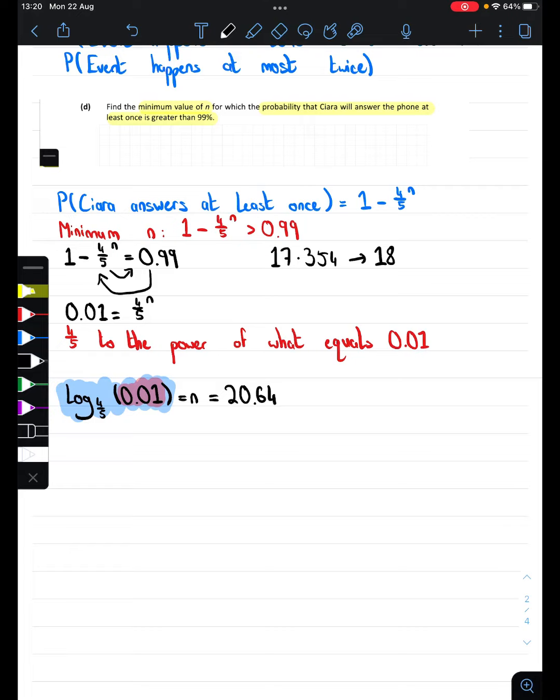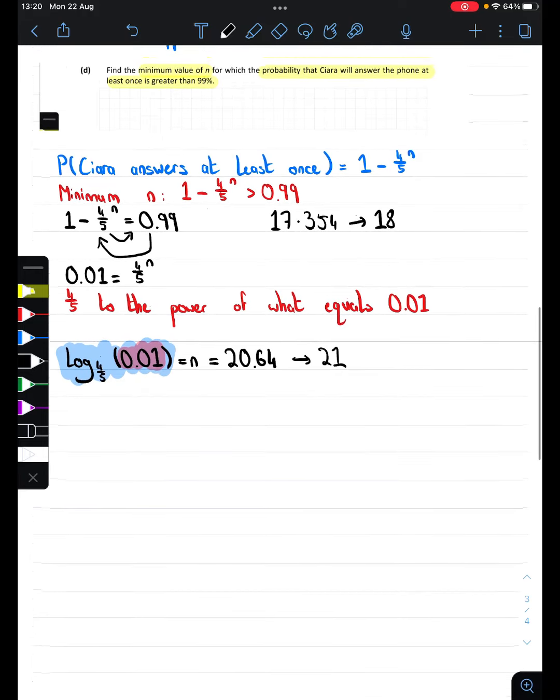So, as we said, we need to round this up, so this becomes 21. So the smallest value of n such that the probability that Kira will answer the phone at least once is greater than 99% is 21. So if he calls 21 times in a row, there's a greater than 99% chance that she'll pick up at least once.